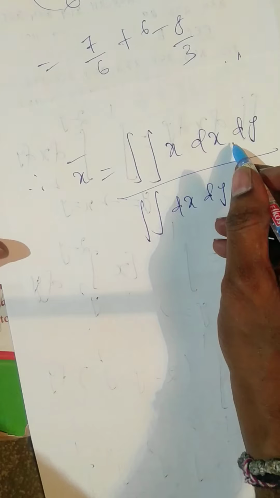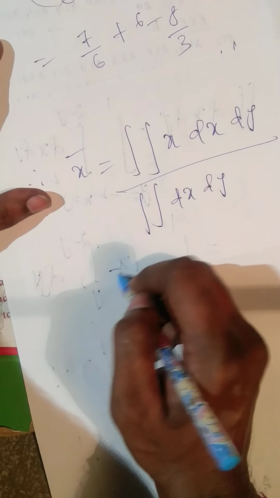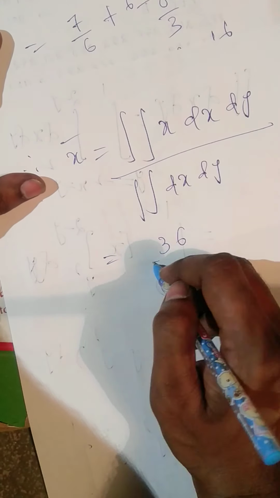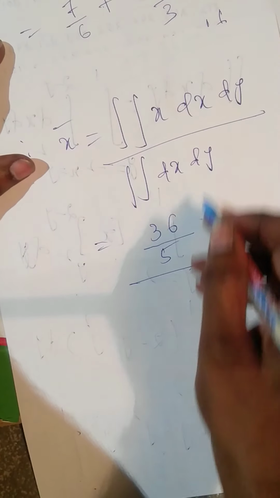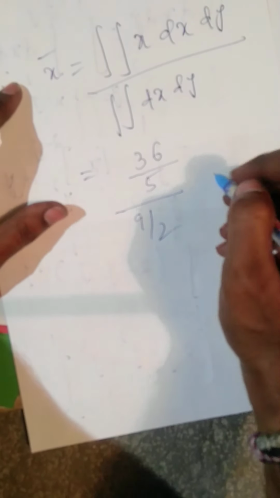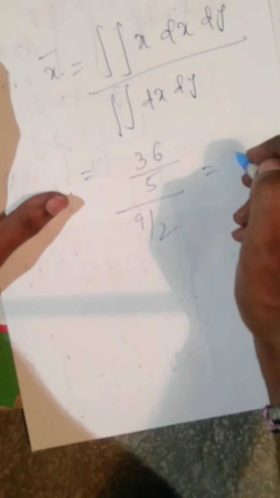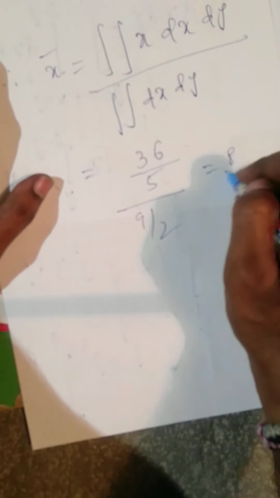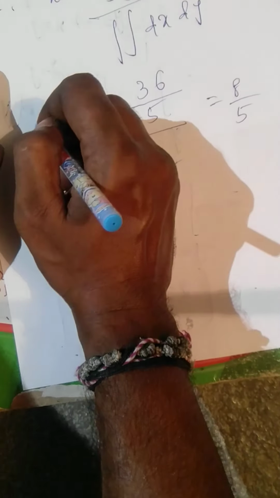Double integral x dx dy is 36 by 5, divided by 9 by 2. If you simplify, you'll get 8 by 5. This is your x bar.